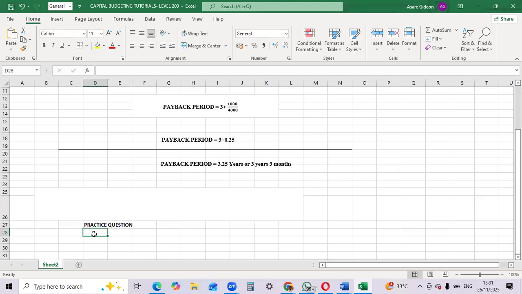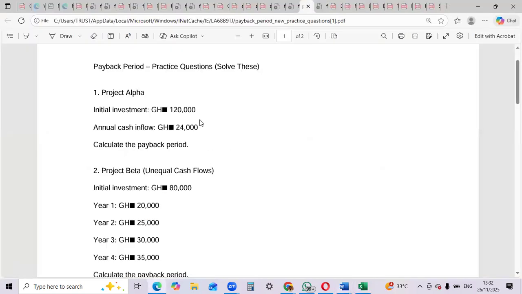Now, question 1 says that the initial investment, or the initial outlay, it is, let me confirm, 120,000, and then the annual cash flow is 24,000.